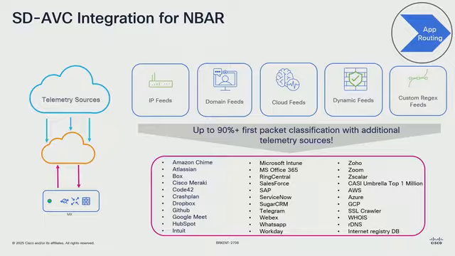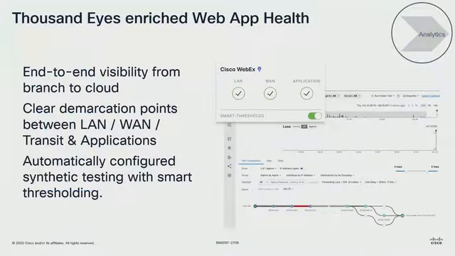With SD-AVC, we use signature mapping so we can detect, and our track record is pretty good, 90% of all applications we can detect on the first packet, and then we can match your routing rule on the first packet so you don't get this crappy reset experience that our competitors see. Meraki MX uses this, the Catalyst uses this. FTD, when we get to it, uses a different method, but that achieves the same goal, by the way.